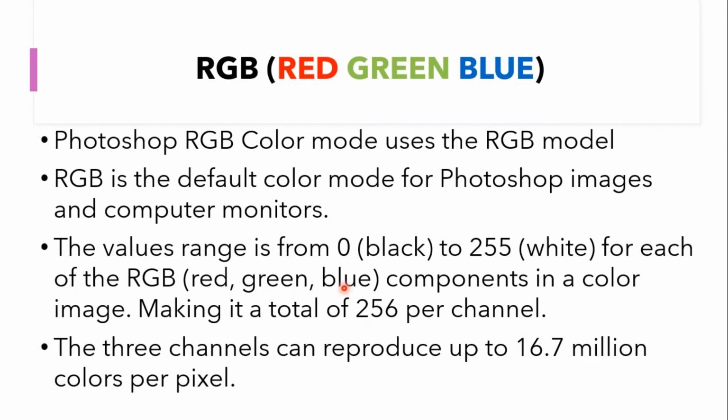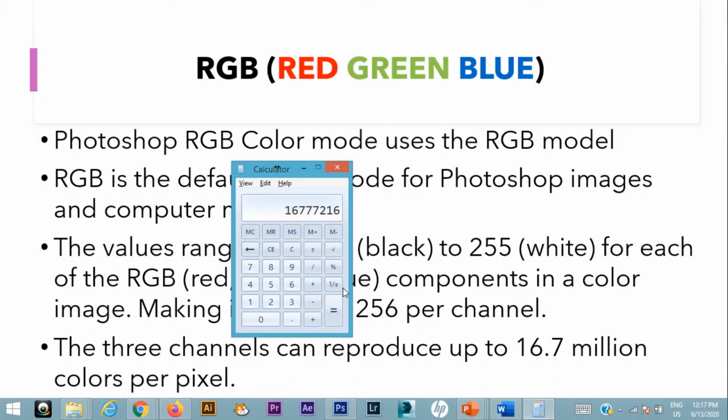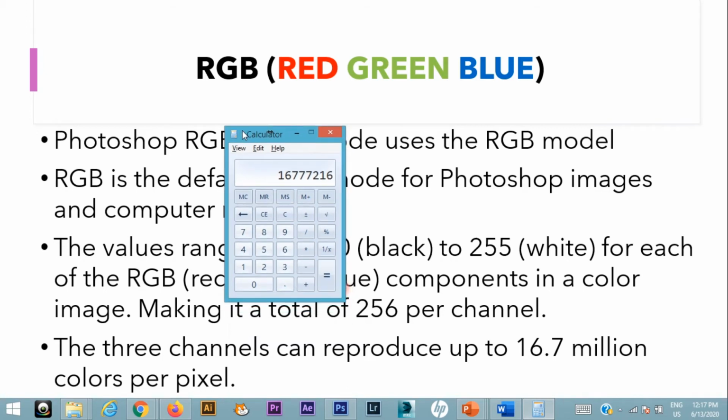Now with this, there will be a cross multiplication of each of the colors to produce about 16.7 million colors. That means in every pixel, you will have a combination. The three channels will reproduce 16.7 million colors per pixel.